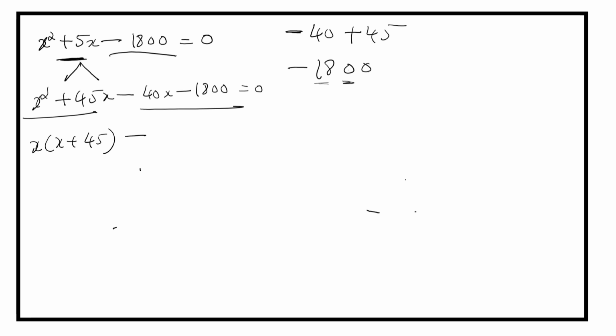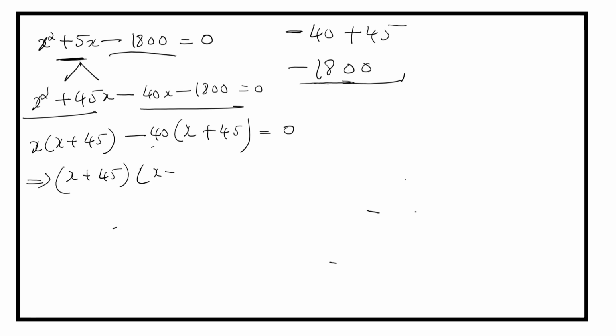Here 40 is common, x plus 45. We know that 40 into 45 is 1800, is equal to 0. It implies that x plus 45 into x minus 40 is equal to 0. It implies that x is equal to minus 45.